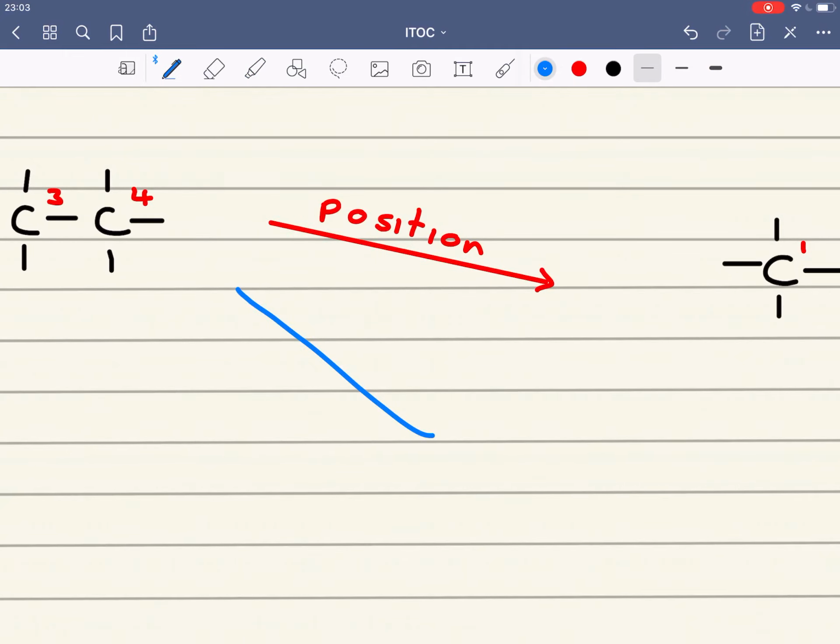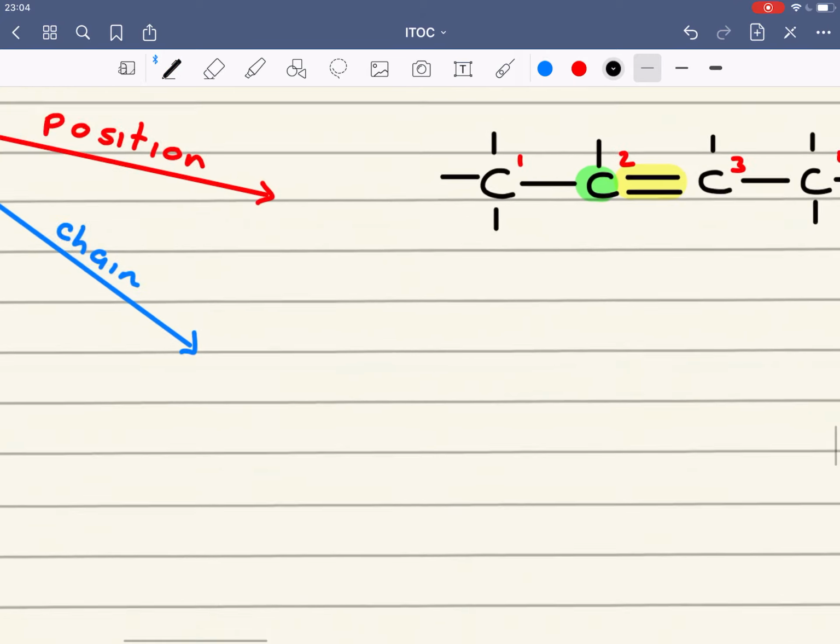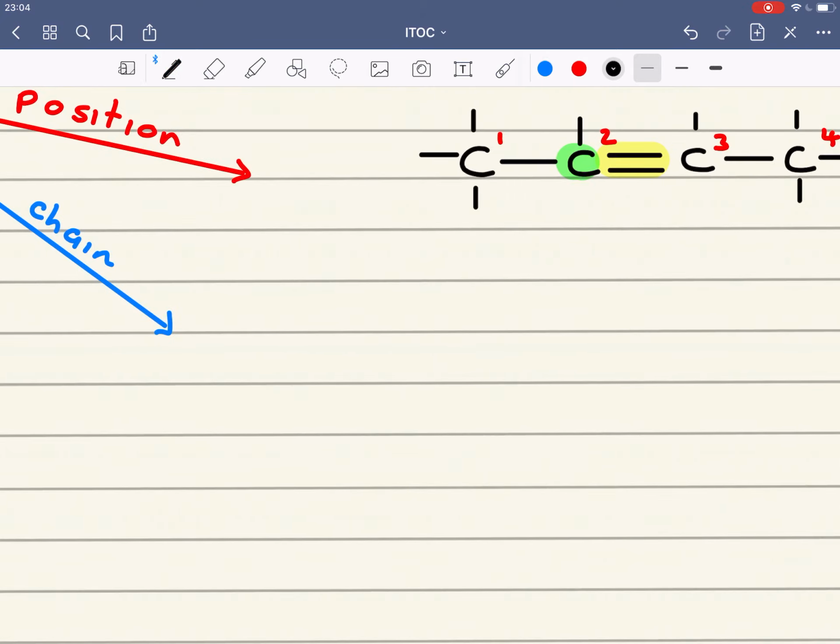A chain isomer of but-1-ene. I've now got to arrange my carbon chain differently, so it can't be 4 carbons in a row. And because there's only 4 carbons, there's only one possible way we can do this, and that's put a carbon in the middle, like that.